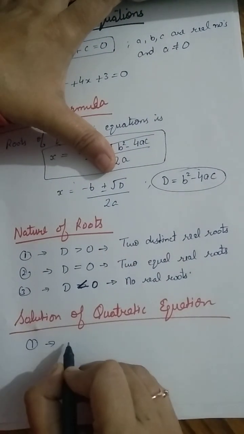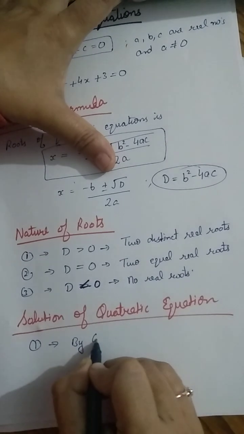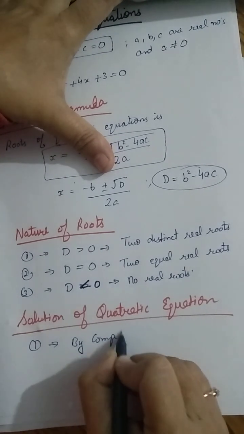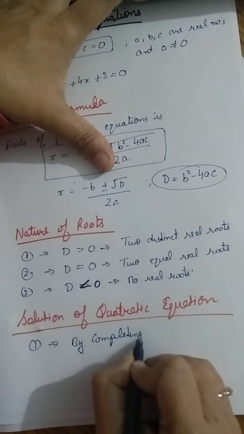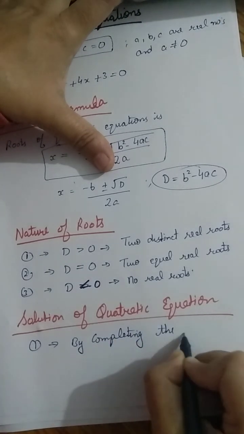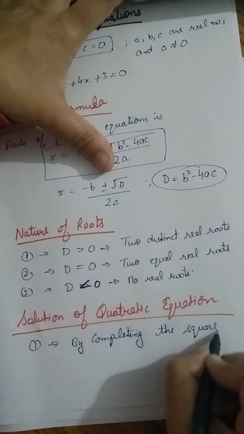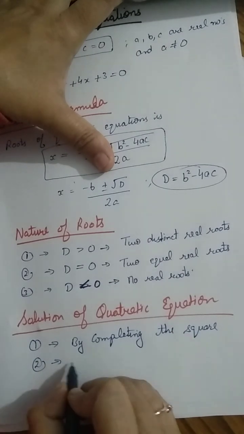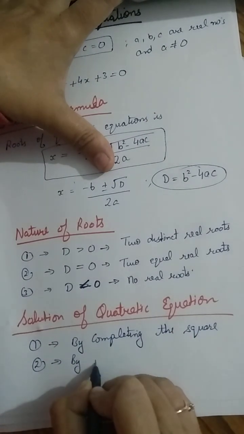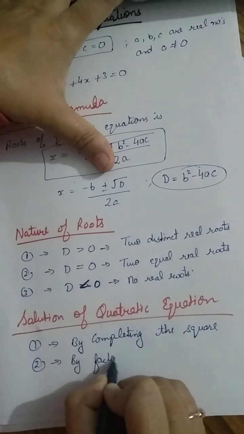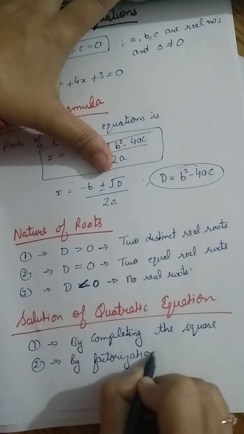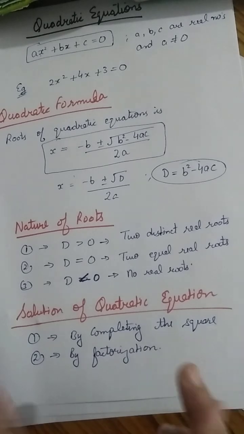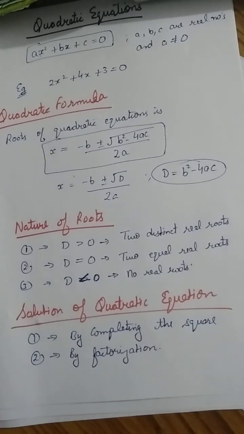The first method is by completing the square, and the second method is by factorization. So these are the two methods by which we can find the solutions of the quadratic equation.